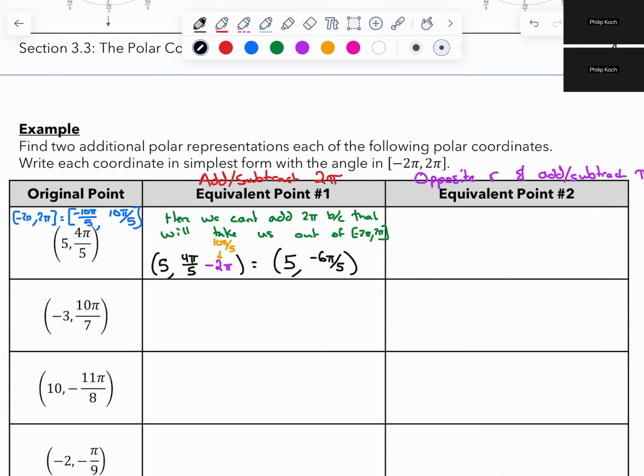So the other one, because adding pi or subtracting pi to 4 pi over 5 will not put us outside of 2 pi or outside of negative 2 pi, right? Because we're only adding 1 pi. As soon as we added 2 pi, that was the problem. If we were to subtract 2 pi, it worked out.